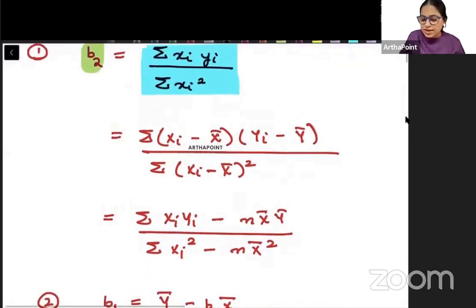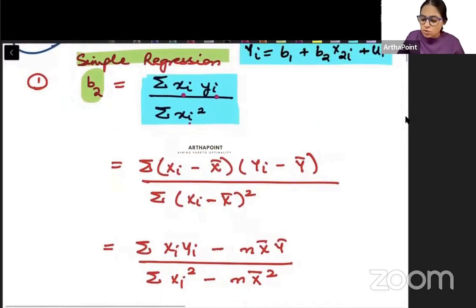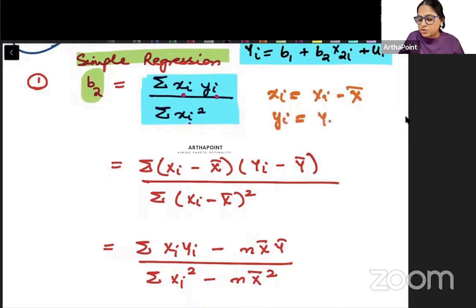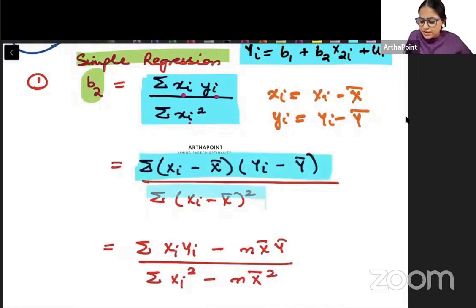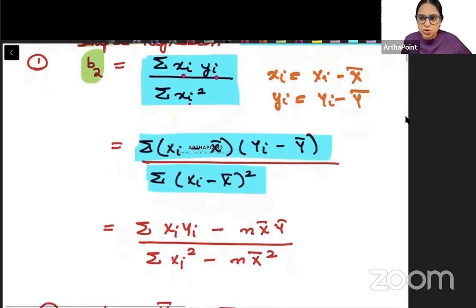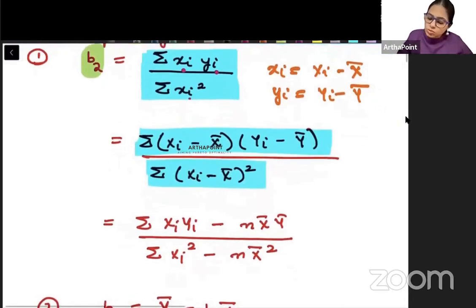This can also be, xi and yi are in their deviation form. So xi can be written as xi minus x bar, yi can be written as yi minus y bar. So you can also write them in this format, divided by summation xi minus x bar square. You can also write B2.